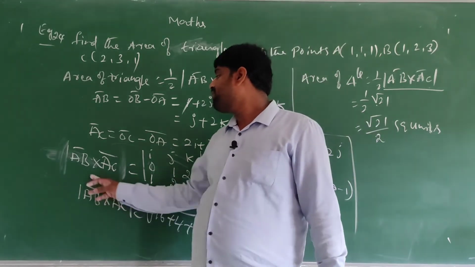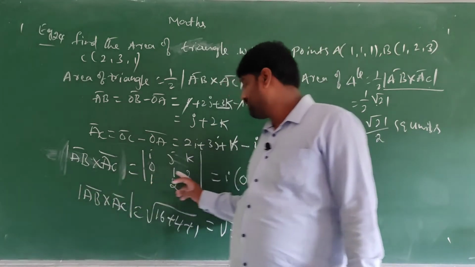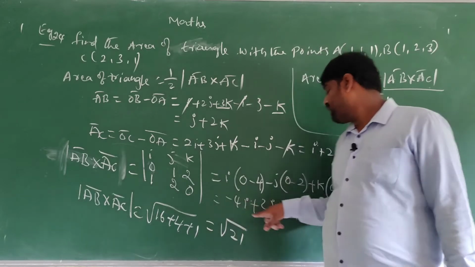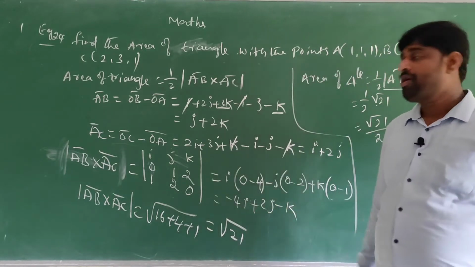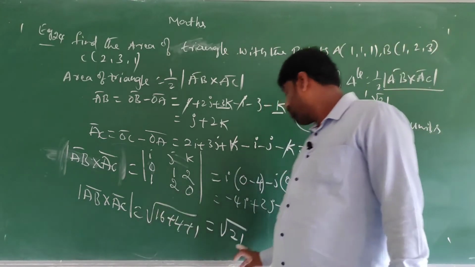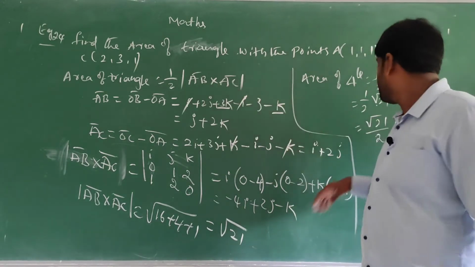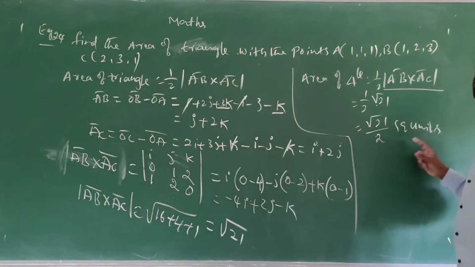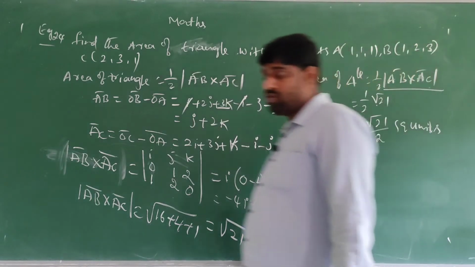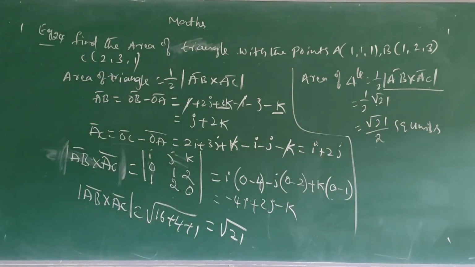AB bar cross AC bar is minus 4I plus 2J minus K, with magnitude square root of 21. Substituting in the formula, we get square root of 21 divided by 2 square units. We will move on to the next problem.